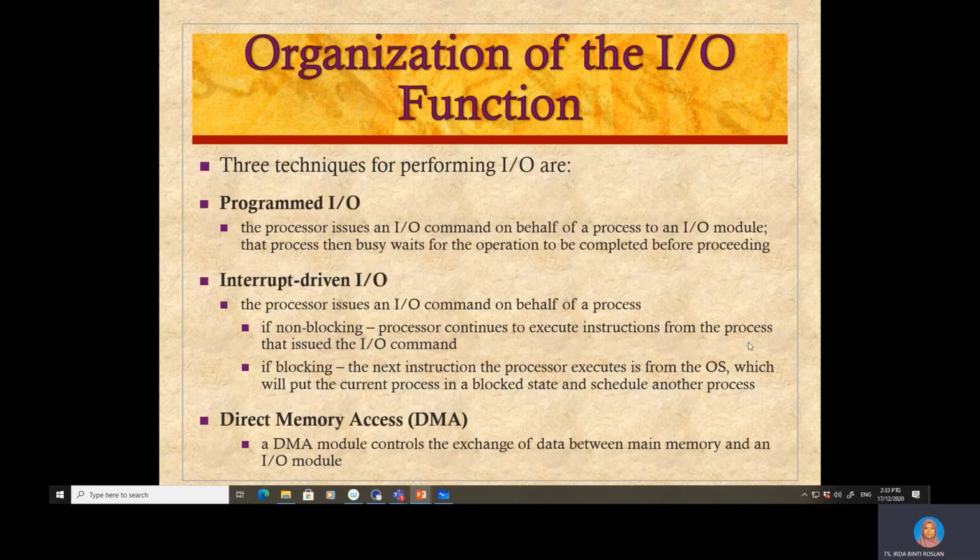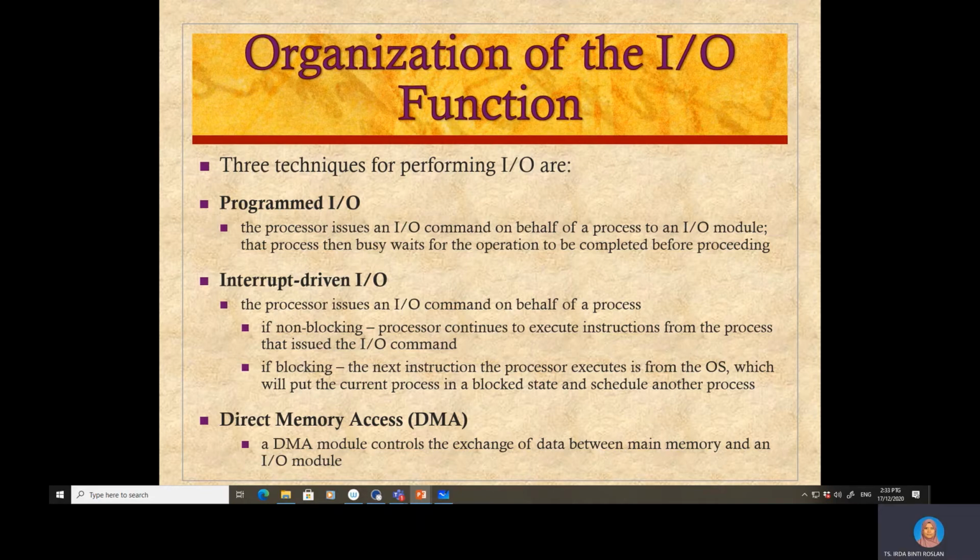Then you have to know the organization of the I/O functions. Basically there are three techniques for performing I/O. The first is programmed I/O, where the processor issues an I/O command on behalf of a process to an I/O module, meaning that when a processor needs to use input-output, it issues the I/O command on behalf of the process to an I/O module.